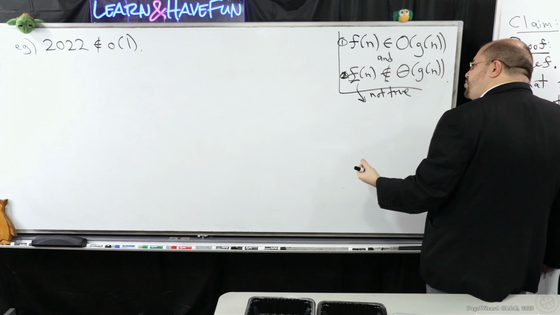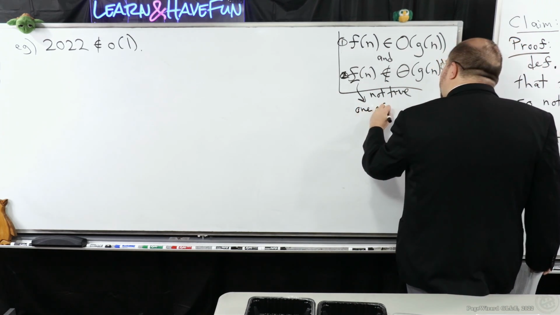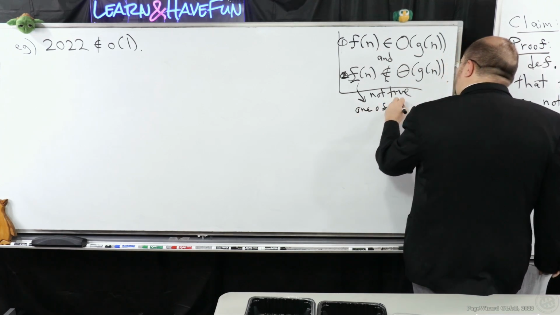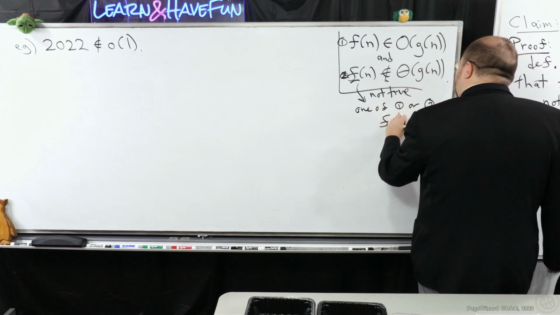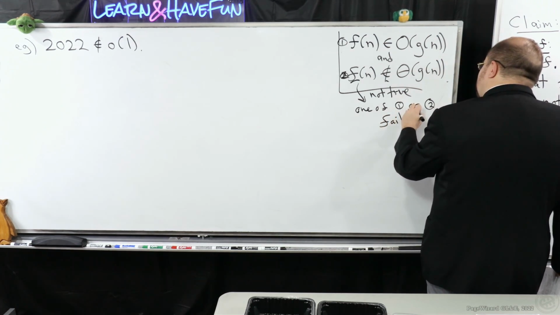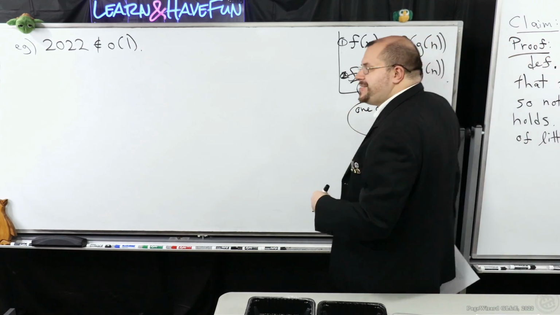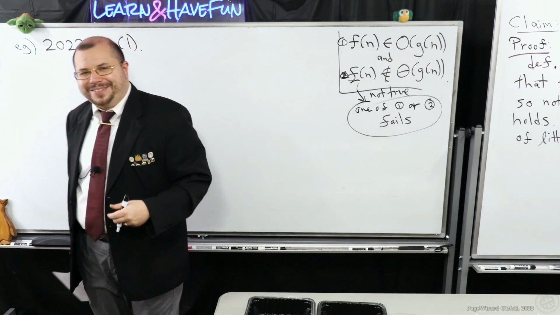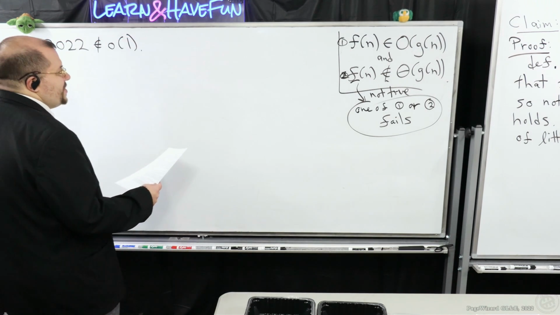For it to be not true, what does it mean? It means that one of 1 or 2 fails. So it gives you a recipe for quickly proving that something is not little o of something. So here we go.